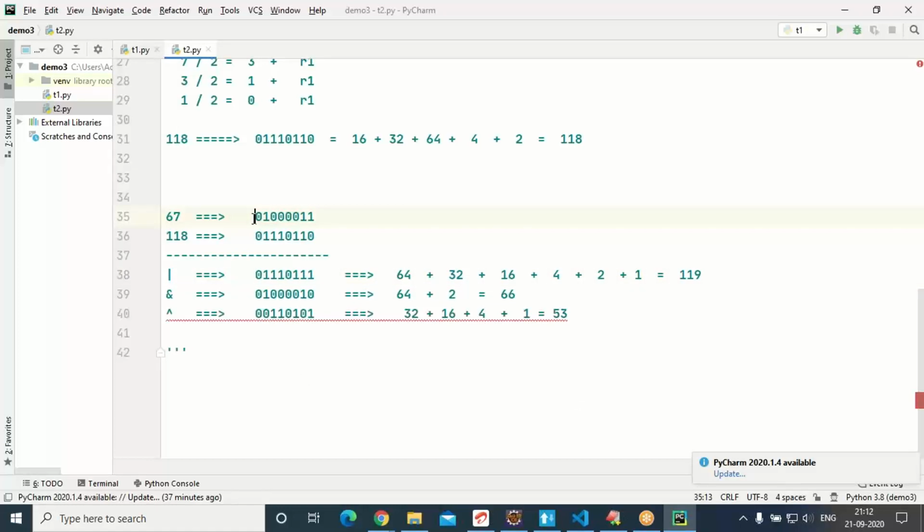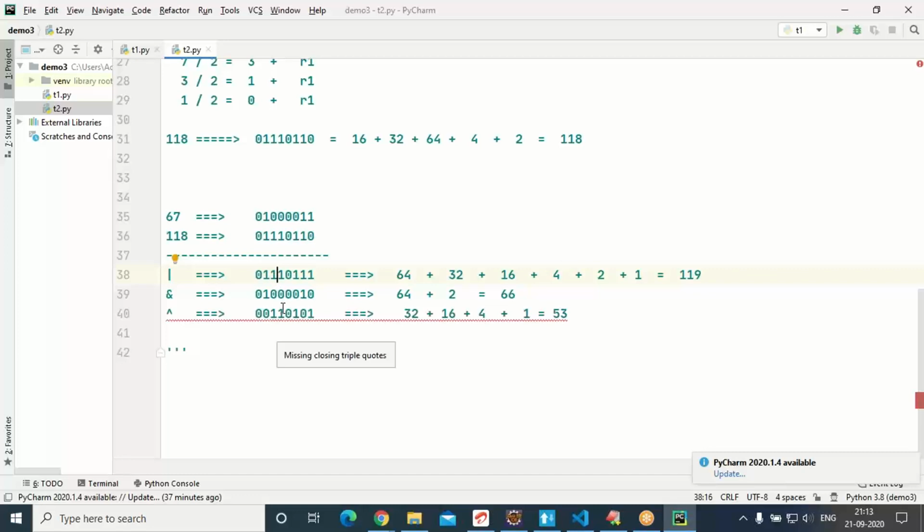Please observe the binary representation for 67 and the binary representation for 118. Let us see the OR operator effect. First one is a 0 and a 1. If any one is a 1, then OR will produce 1.